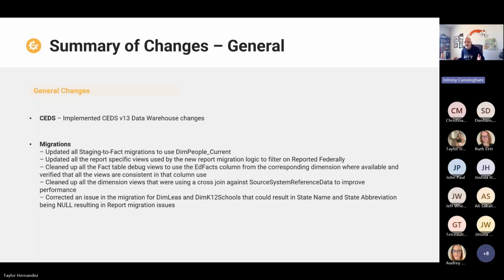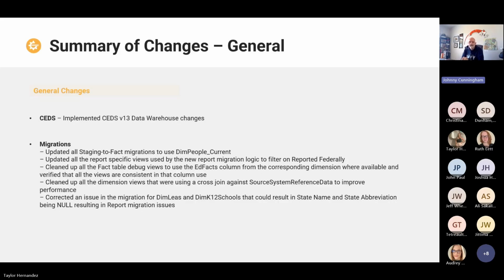It did not impact the performance of that view or the data you were looking at, but we did want to make those more consistent. That's the third bullet. We went through all of those, and if there's an EDFACTS code available in that dimension, we use that. If there wasn't one, then we referred back to the code.